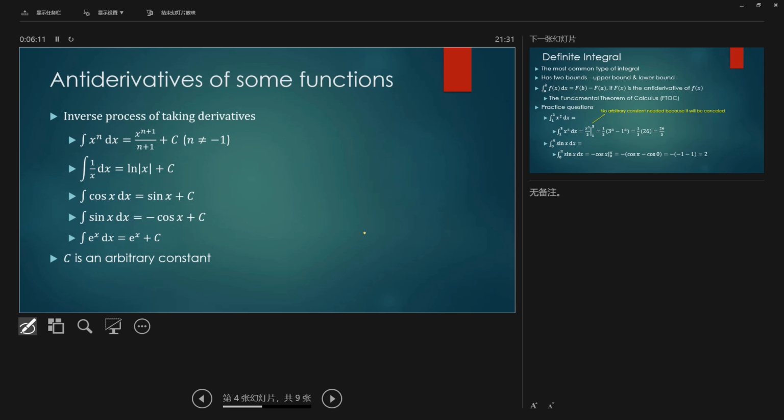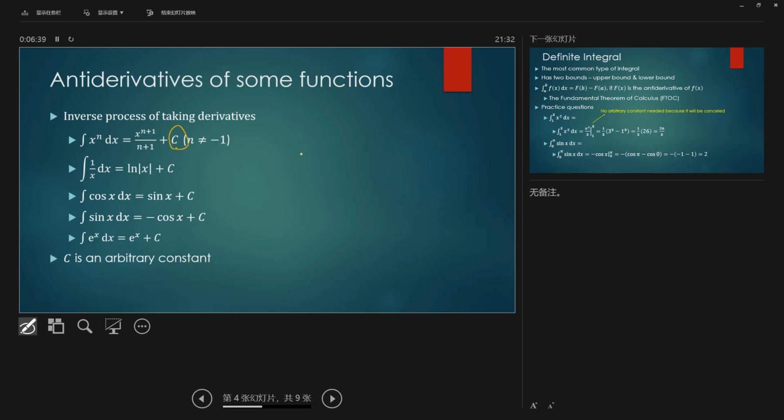So here's an example of the antiderivatives, which is the integral. The integral of x to the n times dx equals x to the n plus 1 over n plus 1, plus c, where c is a constant.